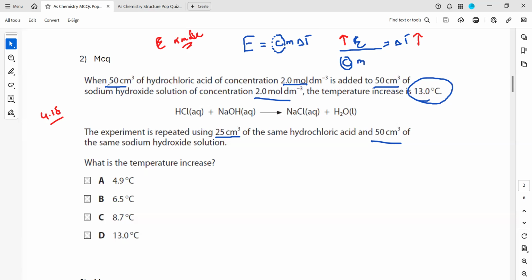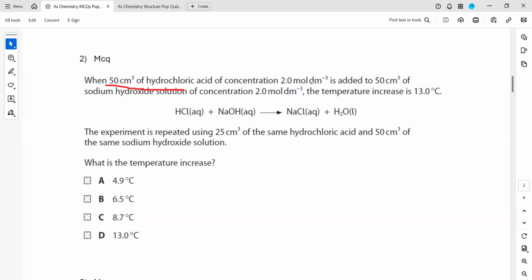So what is the total volume of the solution used in the first experiment? 50 cm cube of hydrochloric acid and 50 cm cube of sodium hydroxide means the total volume of the solution was 100 cm cube.